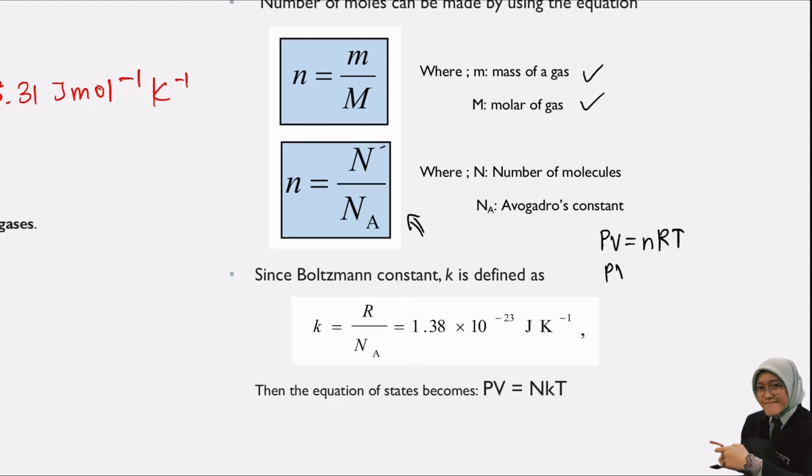So PV equals to N over Na RT. Now kita pindahkan dia Na and T. Now we know that R over Na is constant, so we just substitute k and T. Now we get the same value just like this.